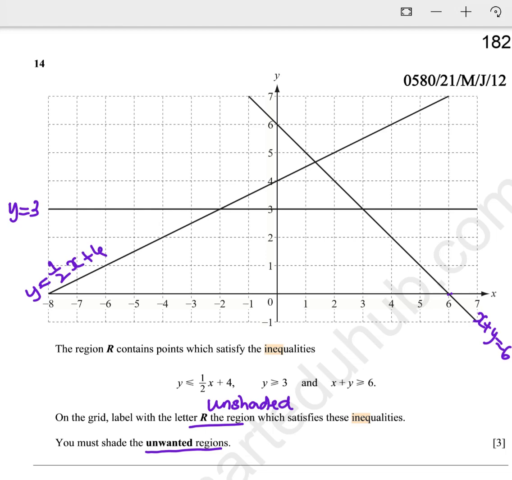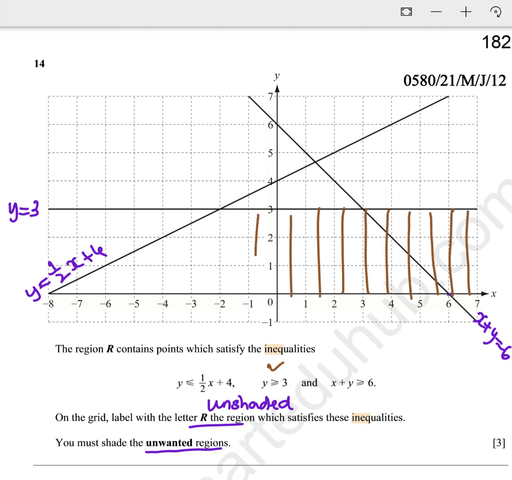Okay, now like I read over here, you must shade the unwanted regions. So let's begin shading the unwanted region. Now the first one tells you y is greater than or equal to 3. So shade everything that is below that. So below the line you're going to shade. Okay, so this is done.